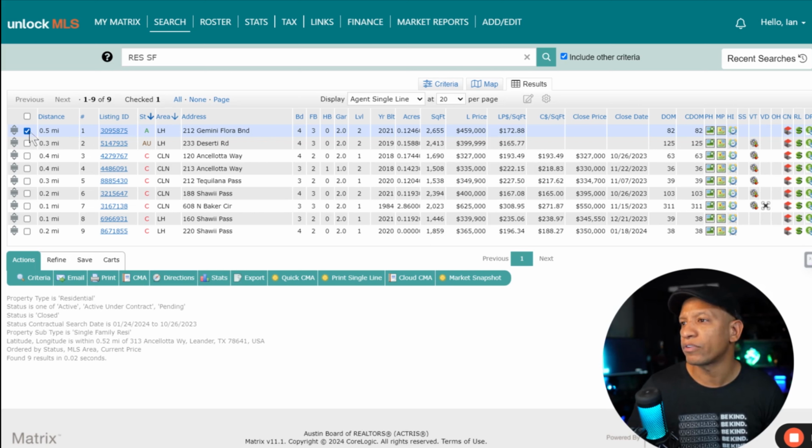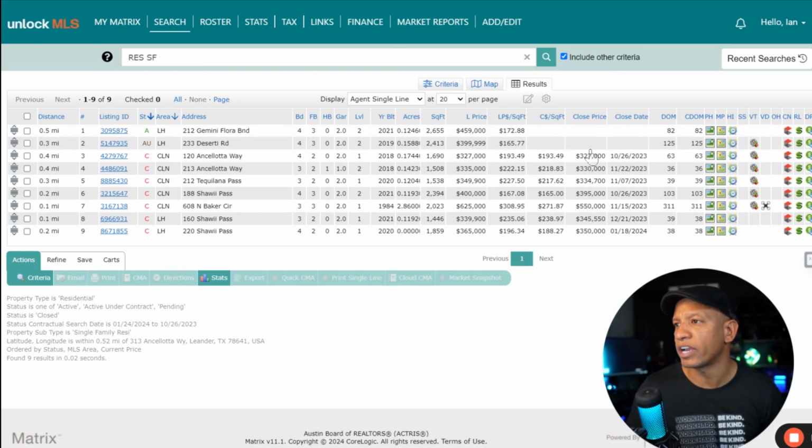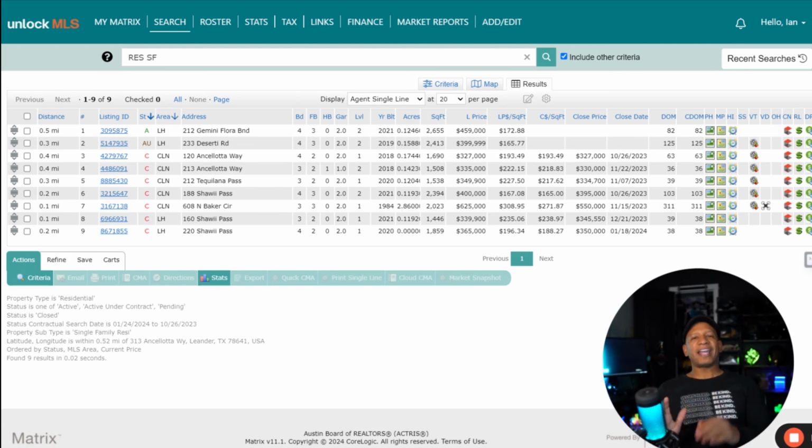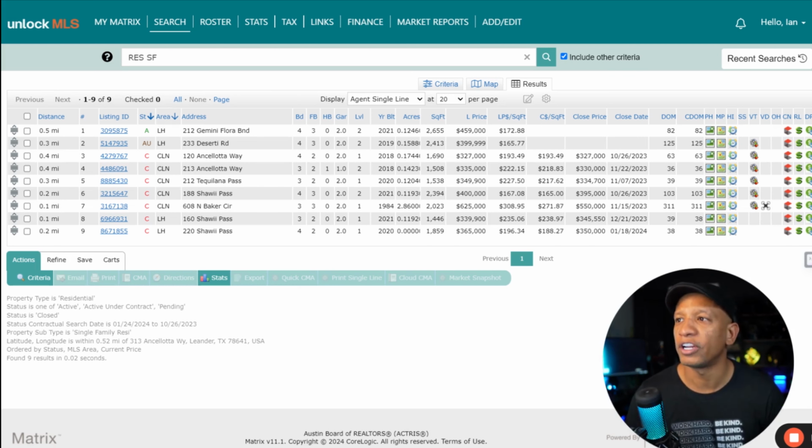I could even go with a range, and I'll do the real math, but I can go with a range of $215 to $230 a square foot. So if I did $220 a square foot, I'm going to say $1,550 for that subject property. We're at $341,000. So that gives us a price point of $341,000, assuming that all these other properties look good and are in a good spot.